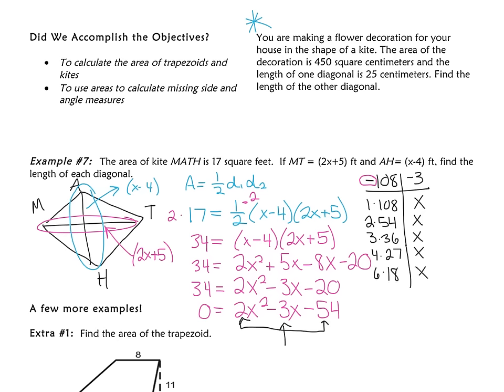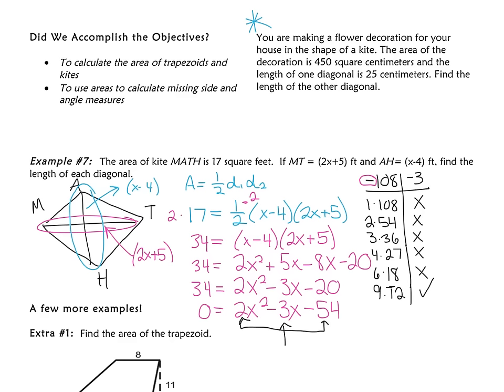That does not work. 7 doesn't go into 108. 8 doesn't go into 108. 9 goes into 108 12 times. So hopefully you see that if I make one of these negative, I will get a sum of negative 3. So which one do I make negative? Well, because they have to add up to negative 3, it's going to be negative 12.